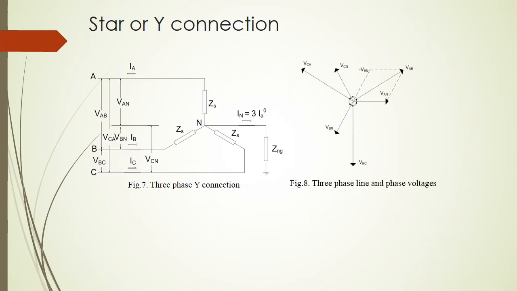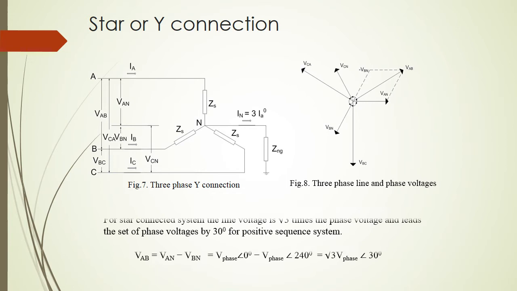Also, we have star or Y connection in three phase. In a star connection, the load is connected through a neutral point and to the ground like this. For a star connection, the line to neutral voltage, we call it phase voltage.